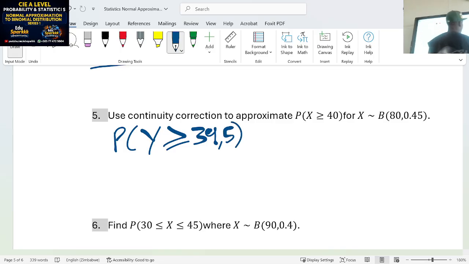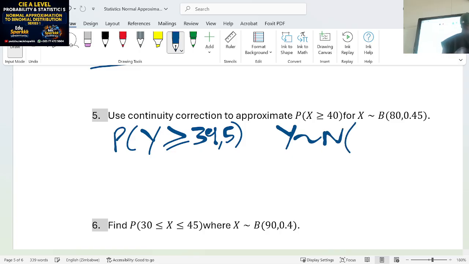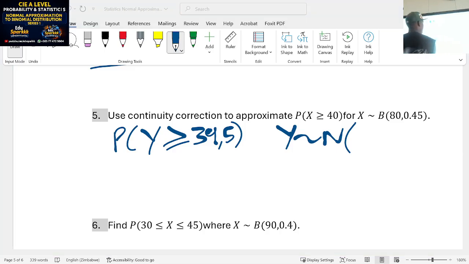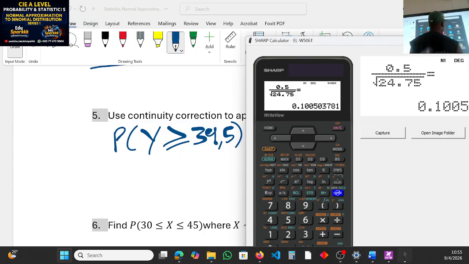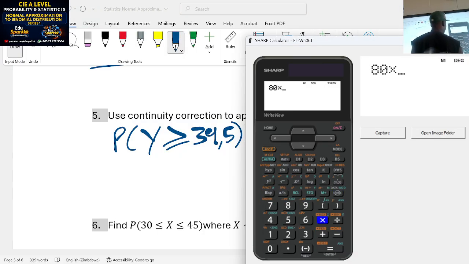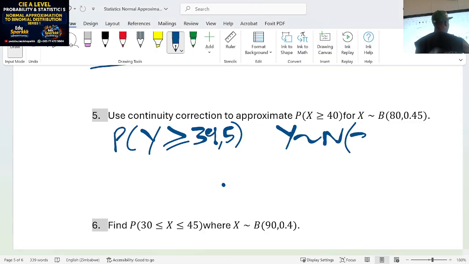But let's check as we bring y, which is normally distributed with a mean. We multiply 80 by 0.45 there, which will give us 36. So I can come here and say there is 36 and a variance of 0.55.